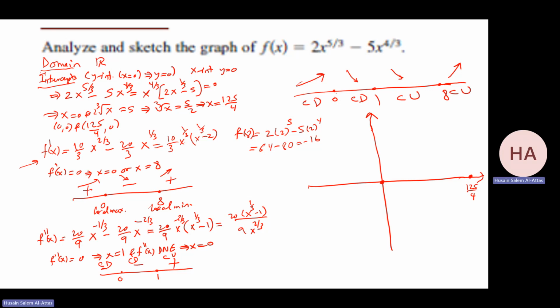So it's a negative value here. With 8, I'm getting minus 16.